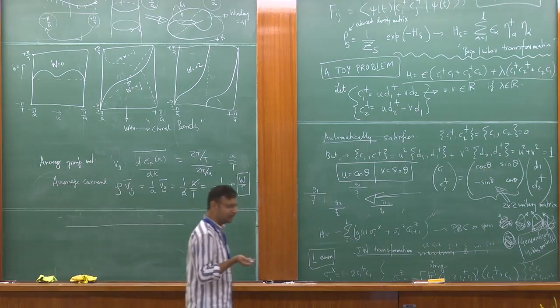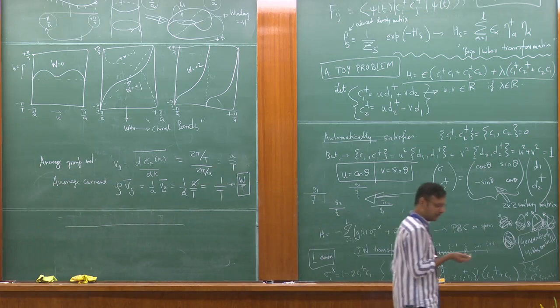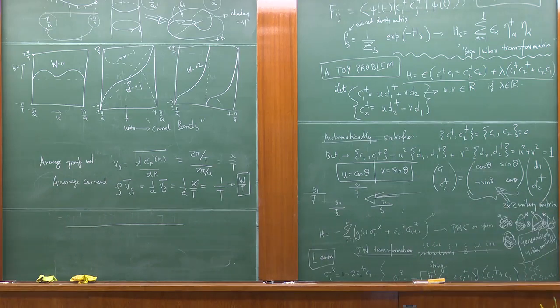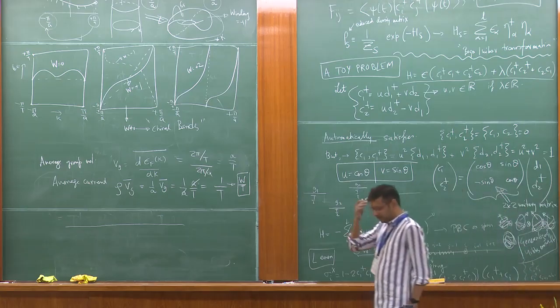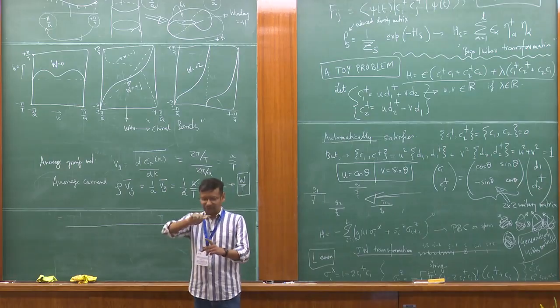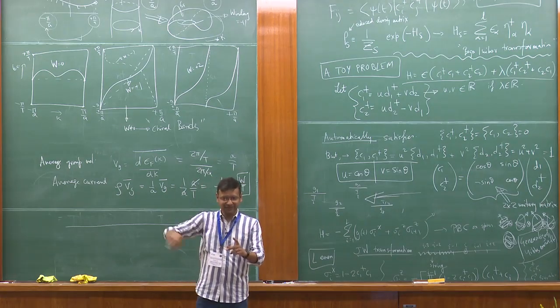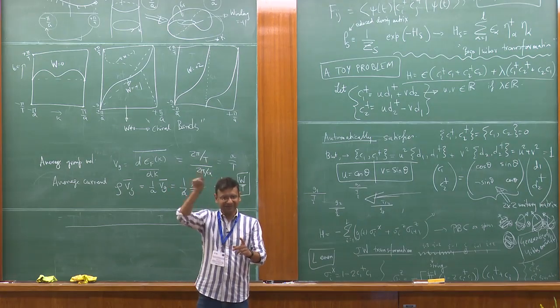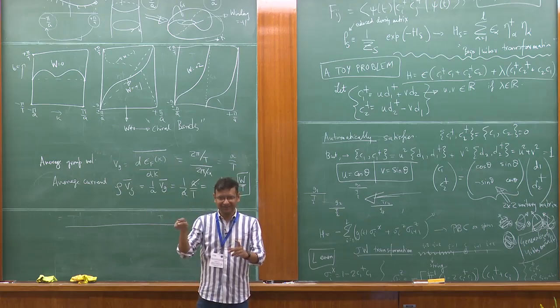But sometimes you can miss some information if you're just looking at a problem stroboscopically. Just to give you an illustration, suppose there is a fan blade which is moving like this, and you're just looking at it stroboscopically. Then, whether it's moving or it's stationary, you may not be able to figure it out.